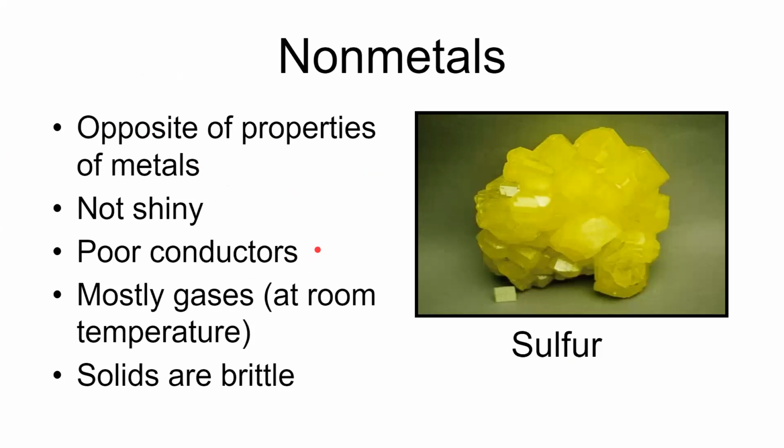Nonmetals do not move heat and electricity very well. Like the plastic and wooden materials that we were talking about earlier, if you stick them in a light socket, it's not a huge deal. Plastic and wood are both mainly made out of carbon, and carbon is a non-metal element. So not very good at conducting.